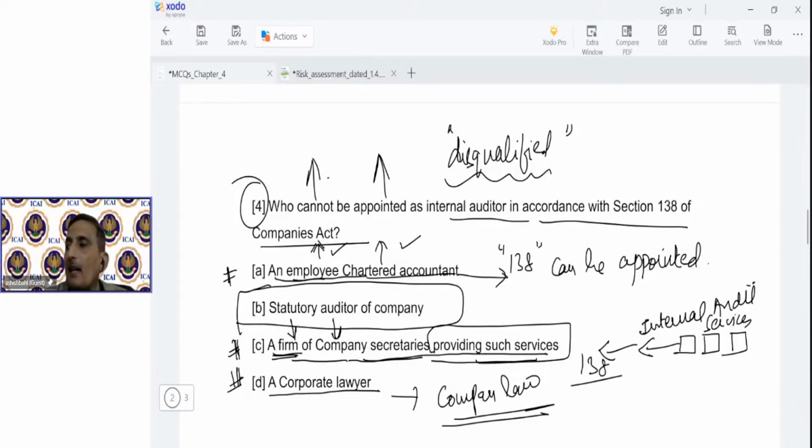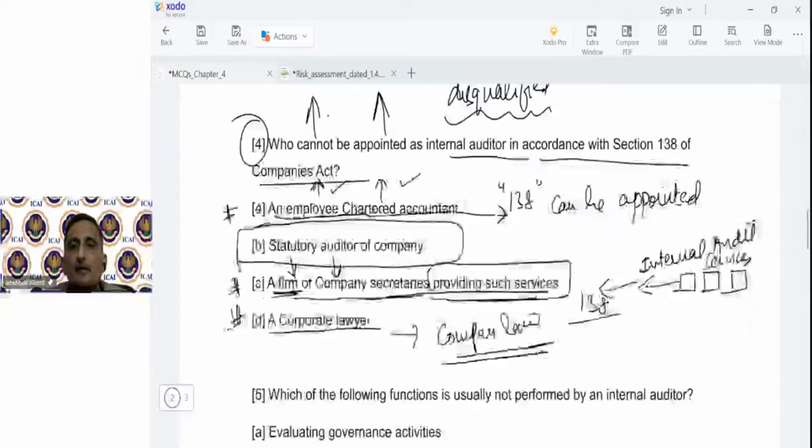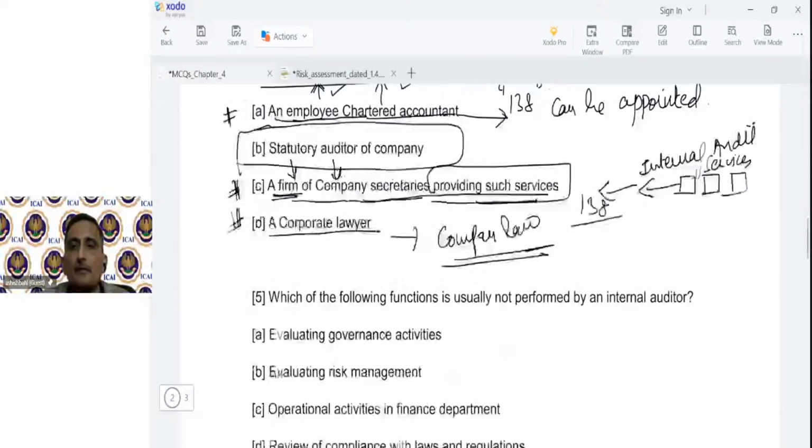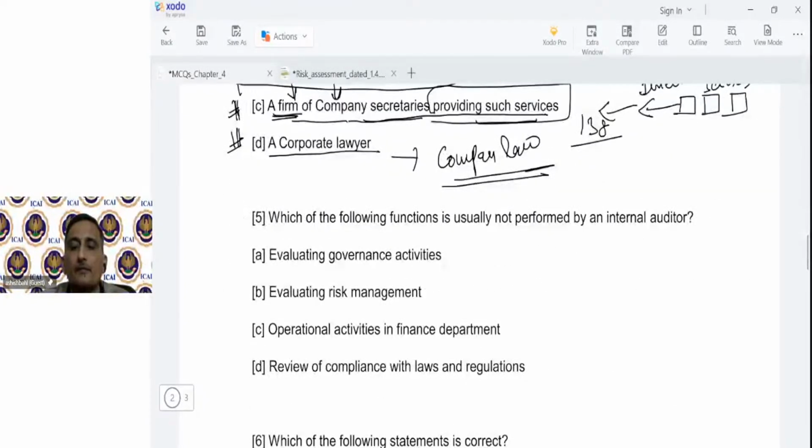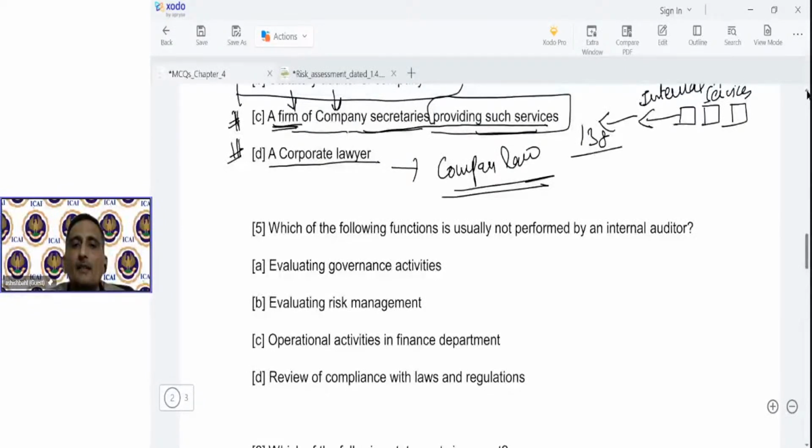Now we come to question number 5. Which of the following functions is usually not performed by an internal auditor? He is asking not.